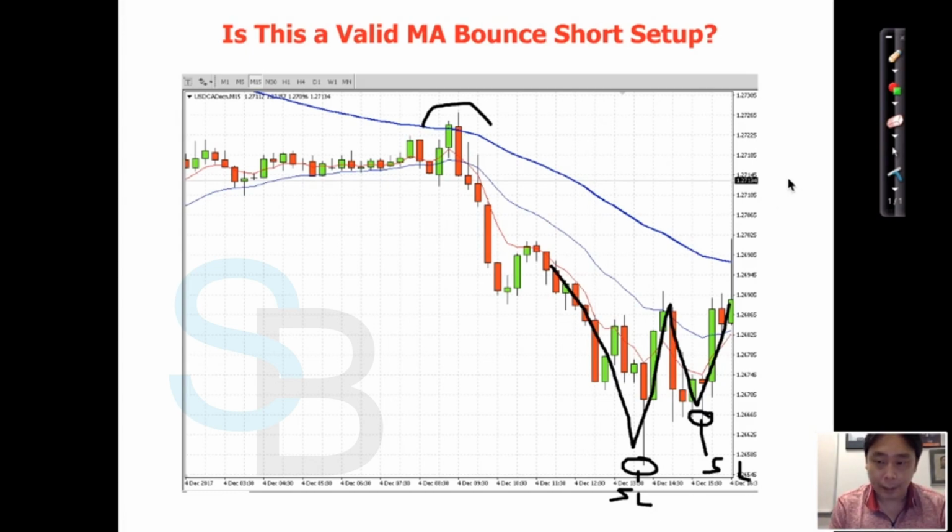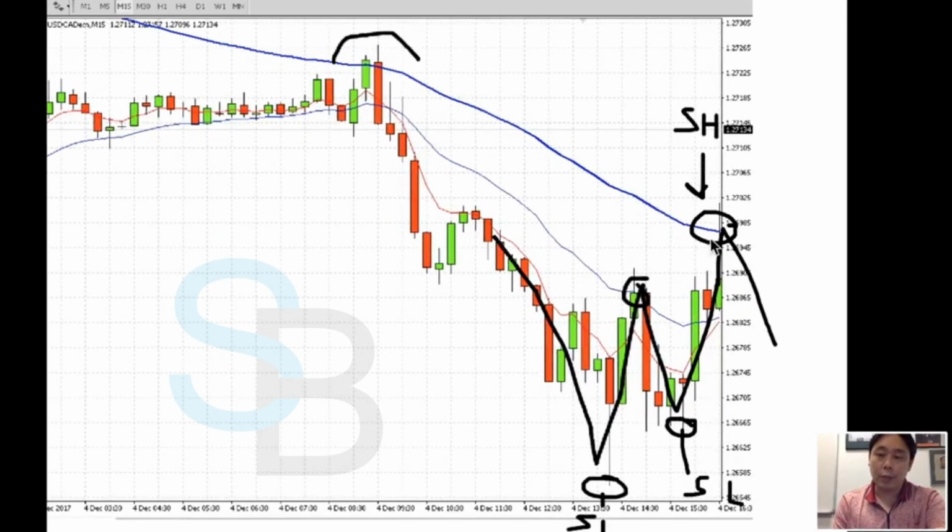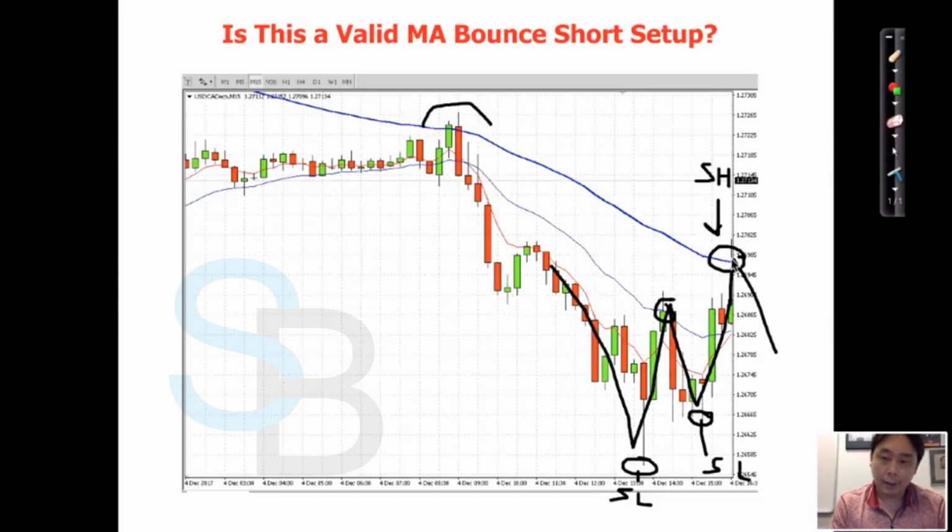Okay? Next, where's the recent swing high? Over here, that's the recent swing high. And where's the previous swing high? Over here. You can see that the recent swing high is higher than the previous swing high.